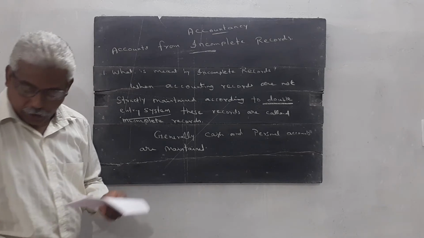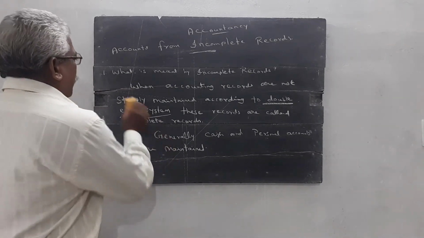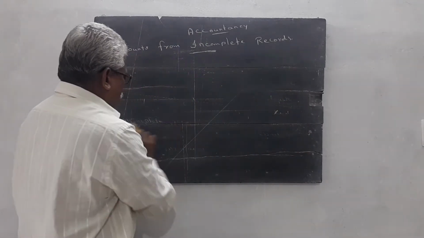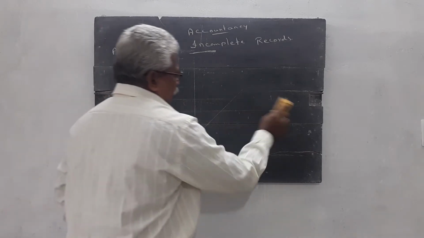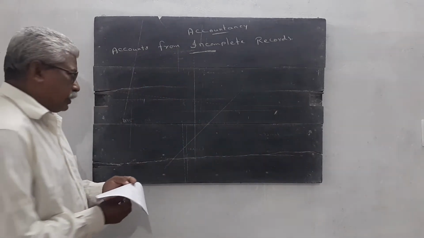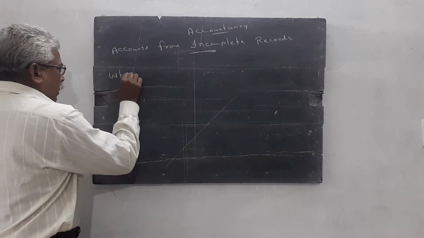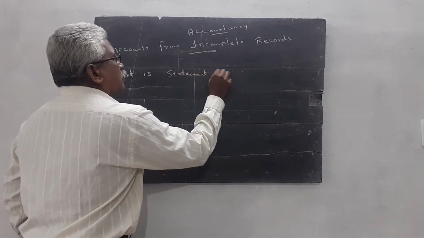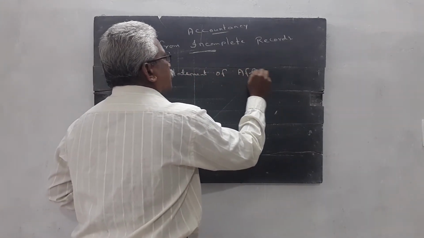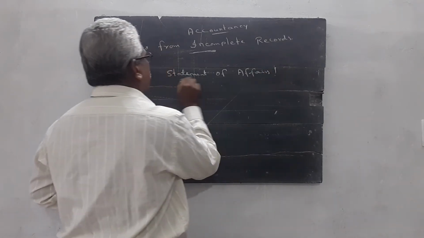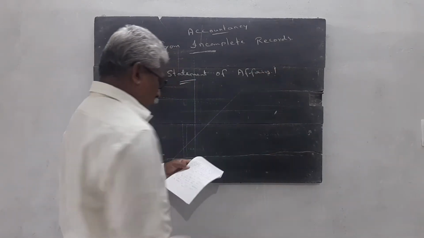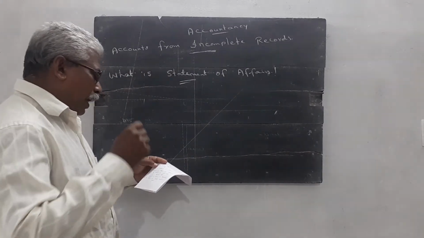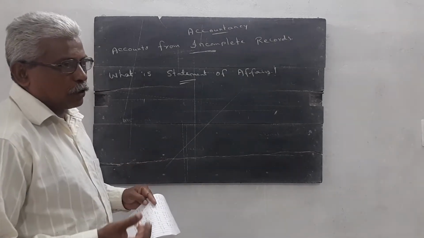Here I want to explain one more theory question: What is statement of affairs? Statement of affairs is a statement showing the balances of assets and liabilities on a particular date.